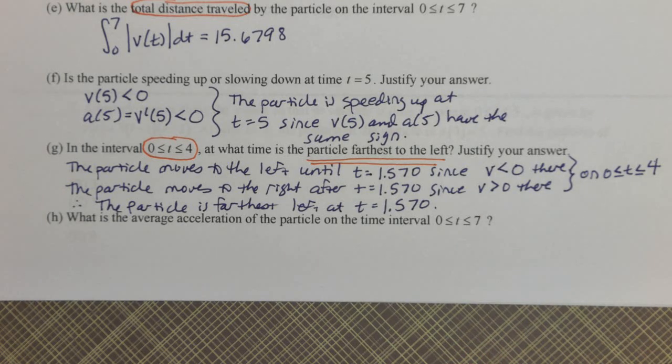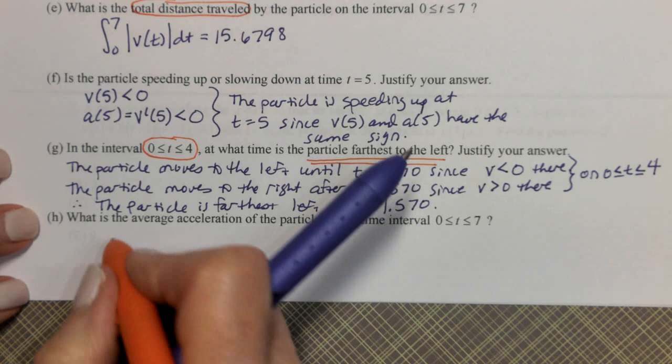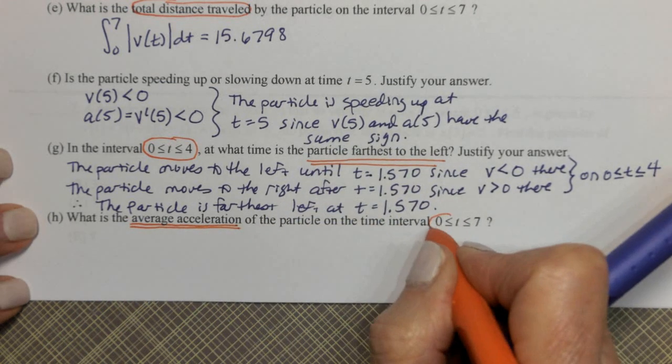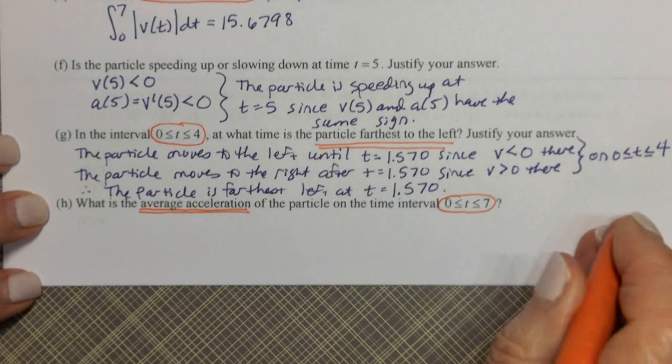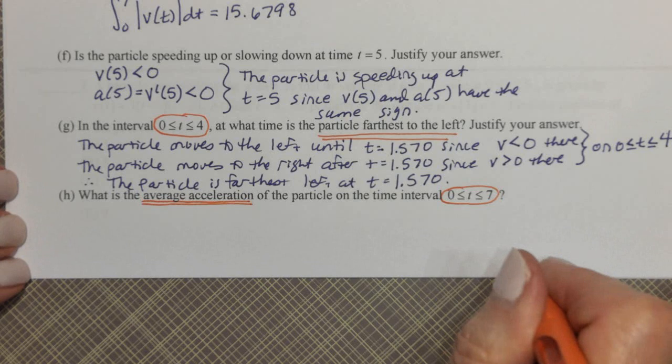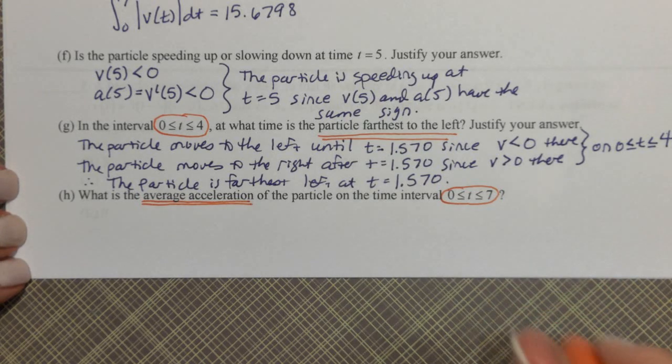Okay. Last up, what is the average acceleration? The average acceleration from time 0 to 7. Average acceleration will still have acceleration units. We still want acceleration units. How are we going to get acceleration units?